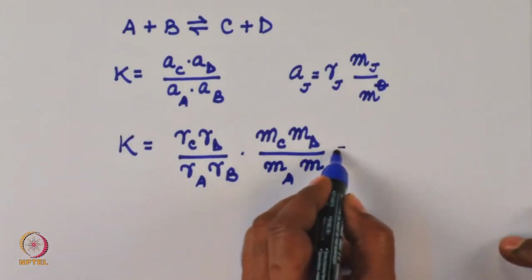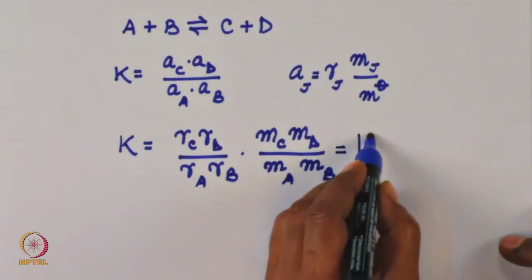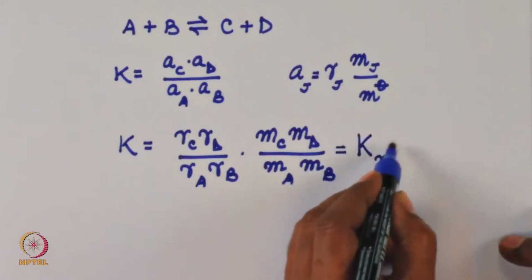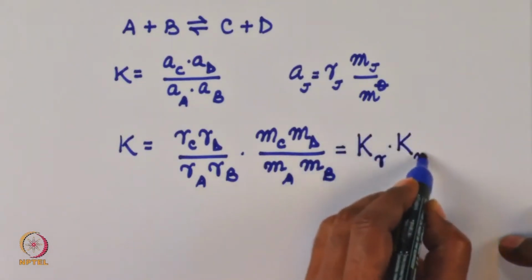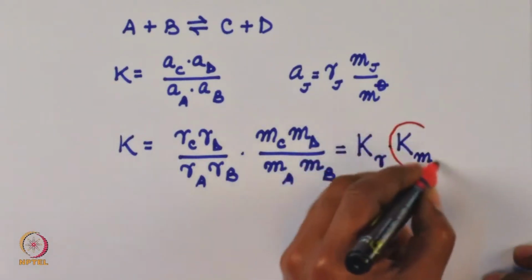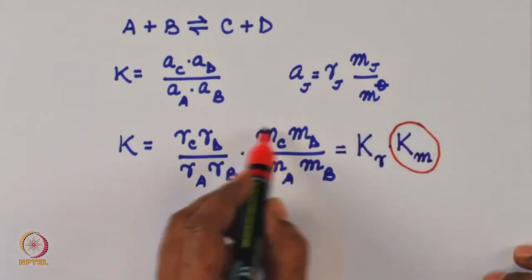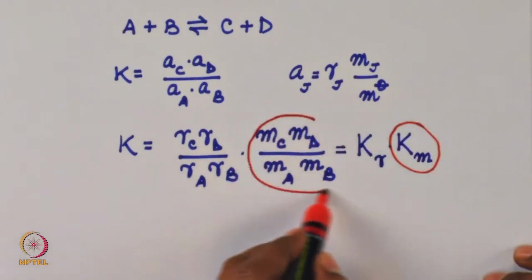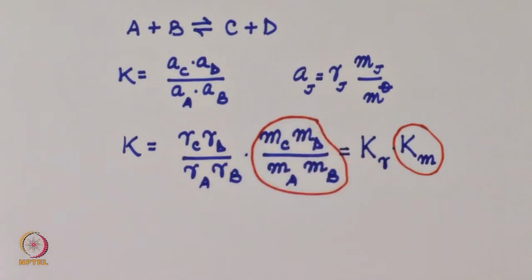And I write this as K gamma into K m. So, in the laboratory, usually we determine Km, which is this ratio of molalities of products and reactants.